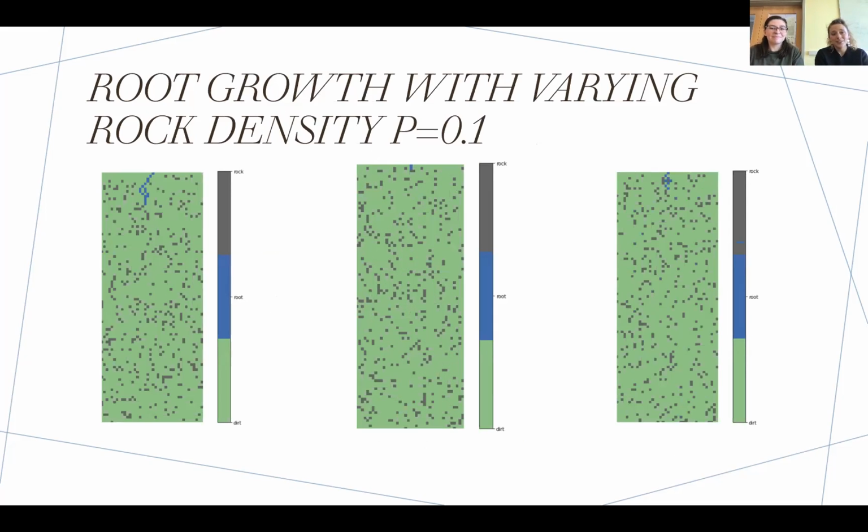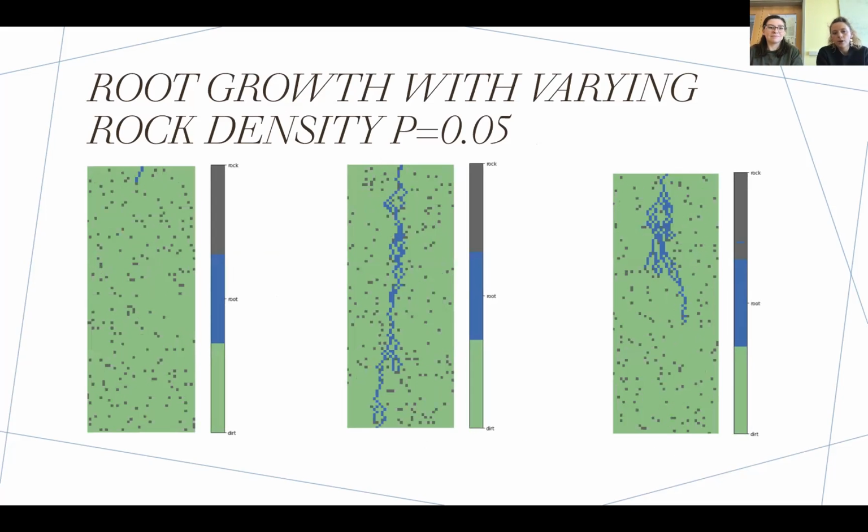So we can see here that with a rock density of p equals 0.1, none of our roots are getting very far. They encounter rock pretty quickly and stop growing. If we change our rock density to 0.05, we see a little bit more variability in what the roots look like.